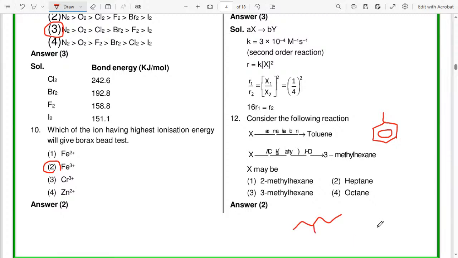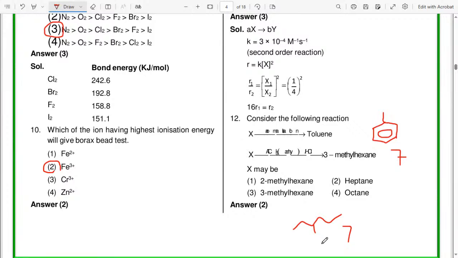So from where is it possible? How many carbons? 7. So octane, no. Here also 7 carbons, and here also 7 carbons. 2-methyl hexane, from here to here cyclation, maybe no. 3-methyl hexane, it is given here.